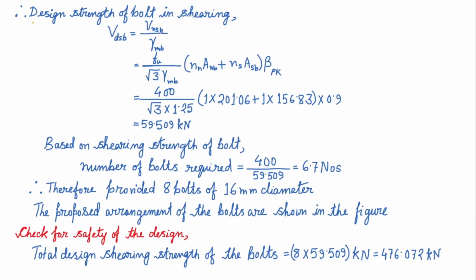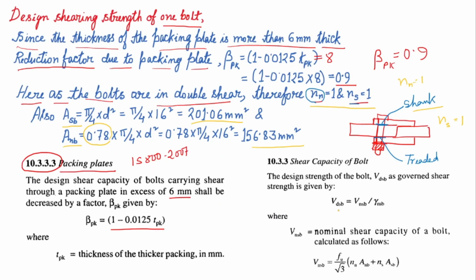Therefore, design strength of bolt in shearing. We shall take the formula from clause number 10.3.3, which gives the shear capacity of the bolt. So design shear strength of the bolt, Vdsb equal Vnsb divided by gamma mb.